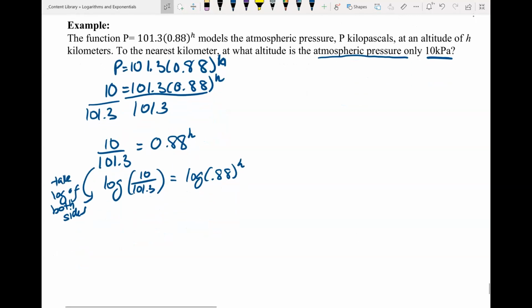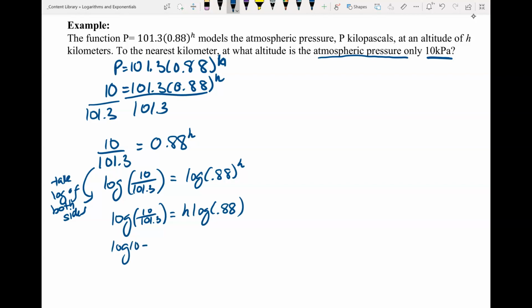Using our power rule, I'm going to bring the h down. And then I can divide both sides by log 0.88. I could also expand this logarithm using our quotient law, so it's going to be a bit easier for us to put in the calculator. And this is all equal to h.